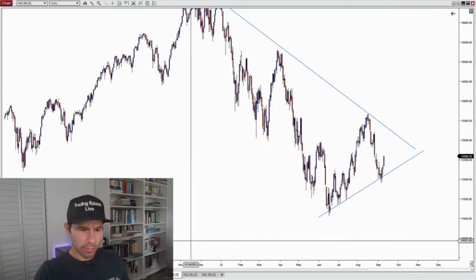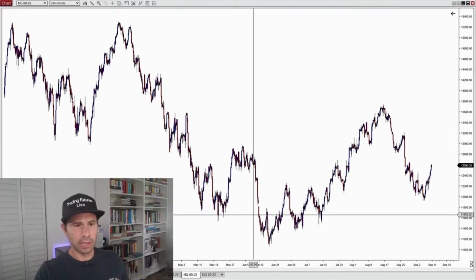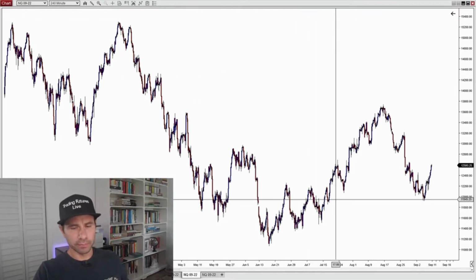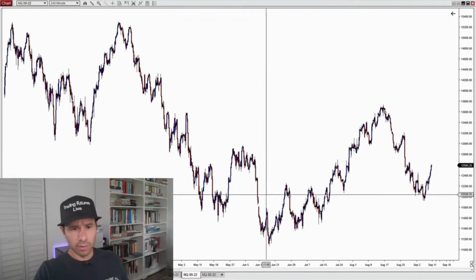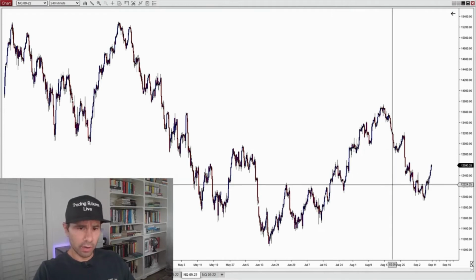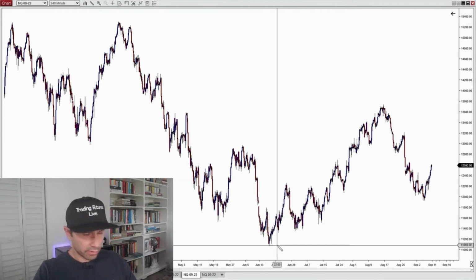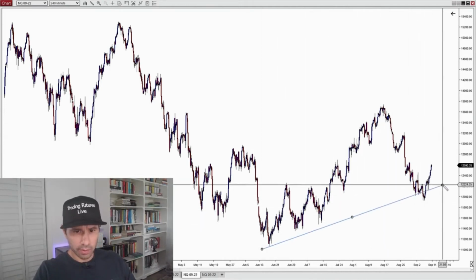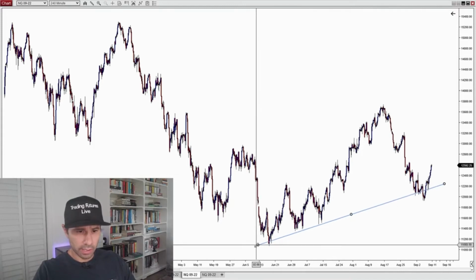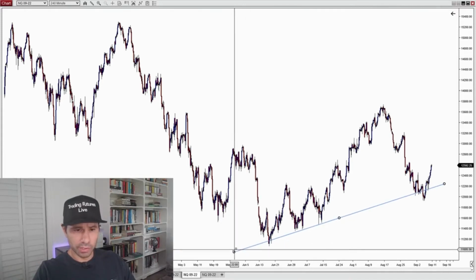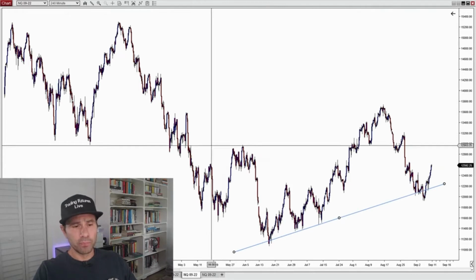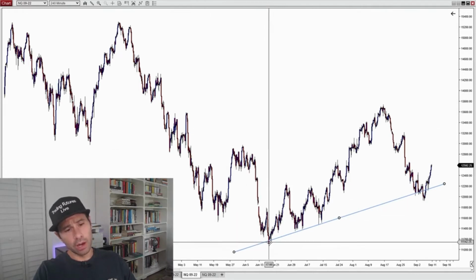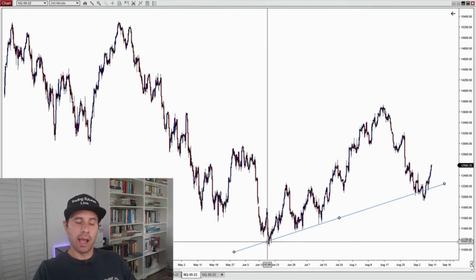And I want to prove that to you. This is the 4-hour chart, and I want to show you this, right? So this is a trend line that we had here. We already knew that this was a trend line, and I want to tell you the downtrend was up to here, right?